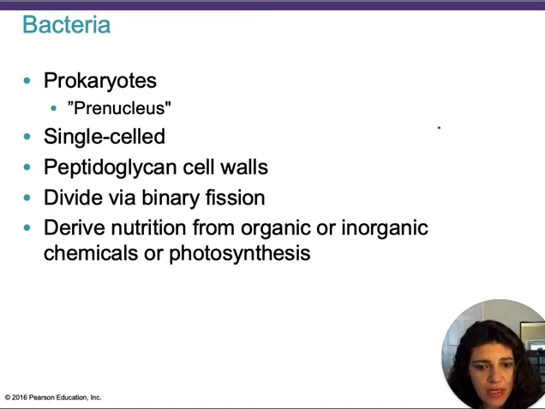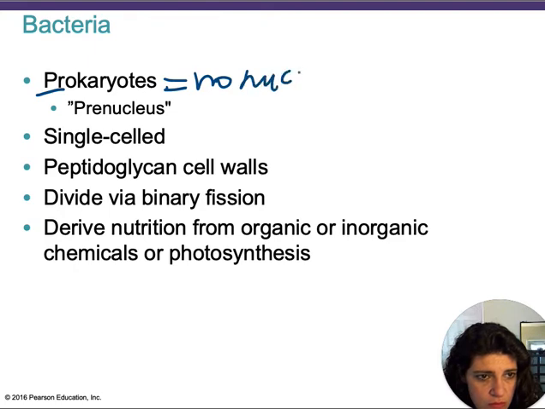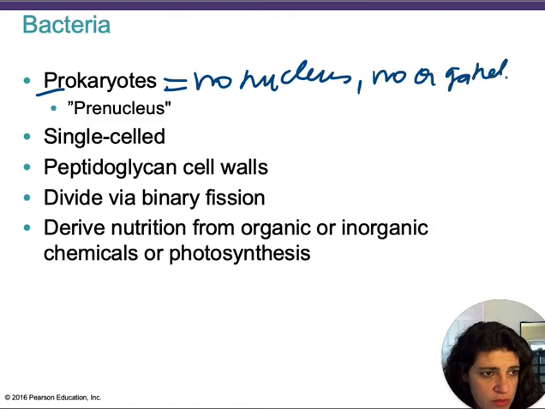Bacteria and archaea are the groups that are prokaryotes, and I'm going to show you how that classification goes in a minute. They are prokaryotes. That means they do not have a nucleus, and no organelles.